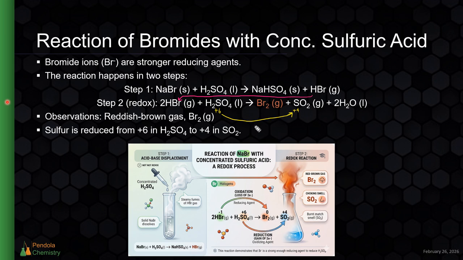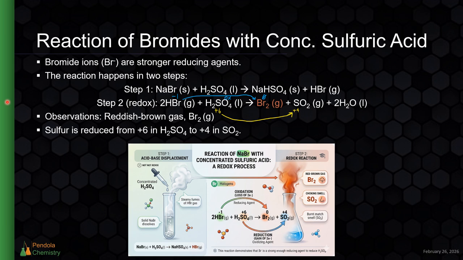So you can see how we go from a +6 to a +4 oxidation number on the sulfur, indicating the reduction of sulfur. On the other hand, we also get the oxidation of the bromine, or the bromide, should I say. Bromide goes from being -1 in the hydrogen bromide to 0 in the Br2. And that indicates the oxidation of the bromine.